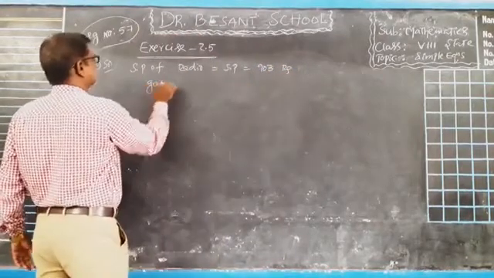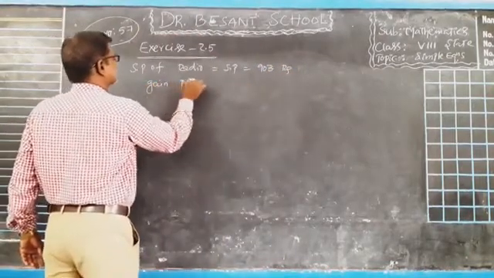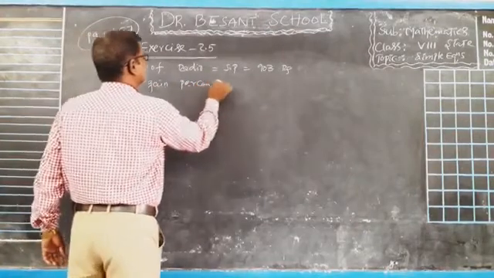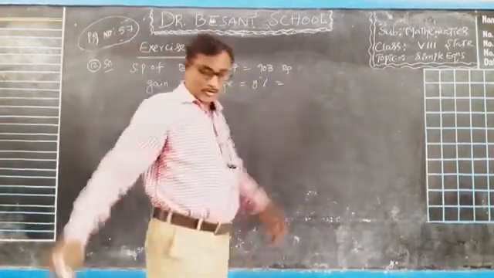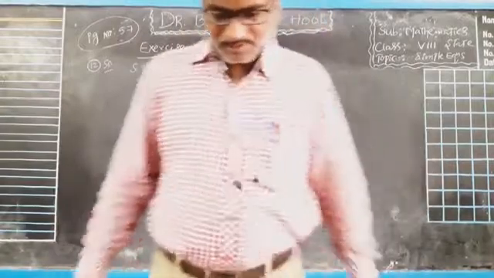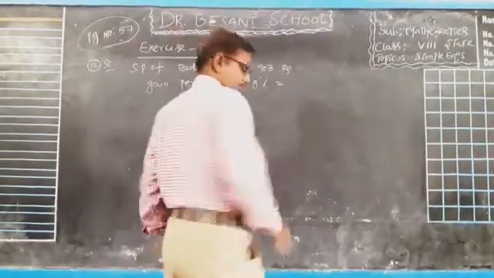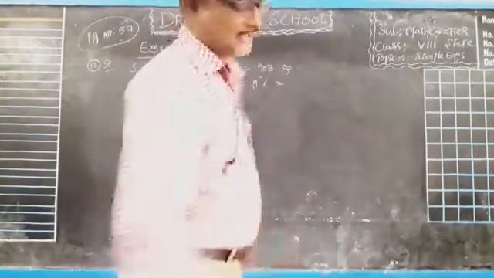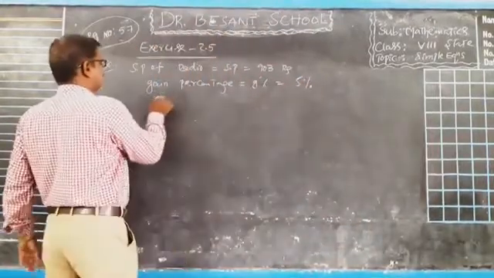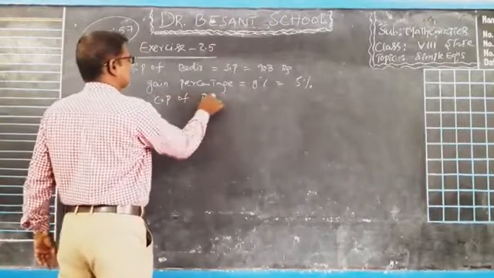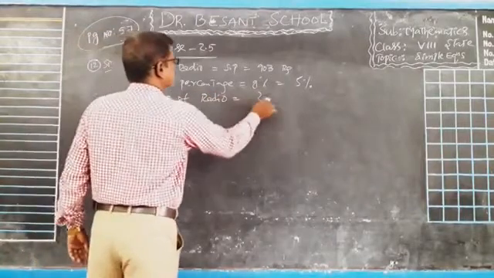Gain percentage, G percentage, is equal to how much is given? 5%. Yes, 5%. We need to find out what is the cost price of this radio. Cost price of the radio is equal to question mark.